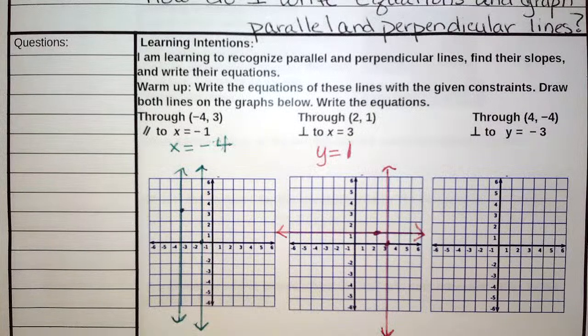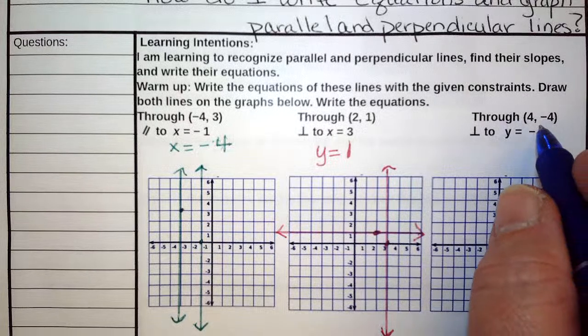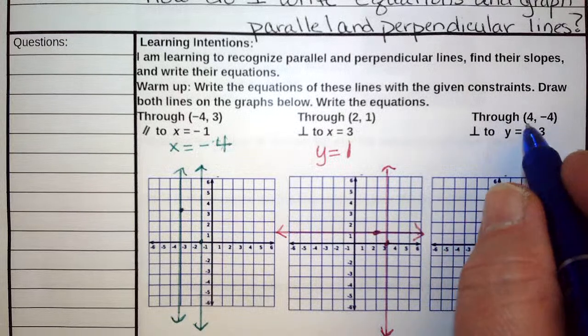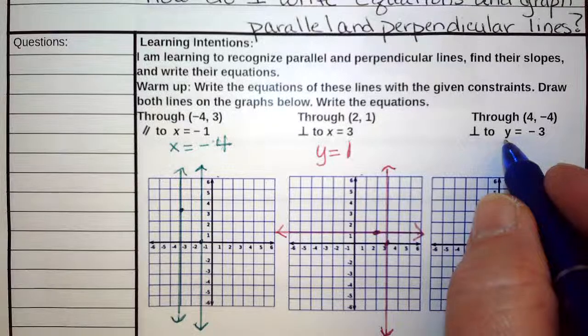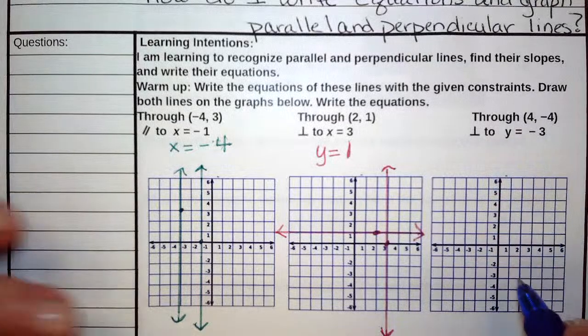See if you can do that last one on your own if you haven't tried yet. Okay, it's through the point (4, -4), and it's perpendicular to y equals -3.